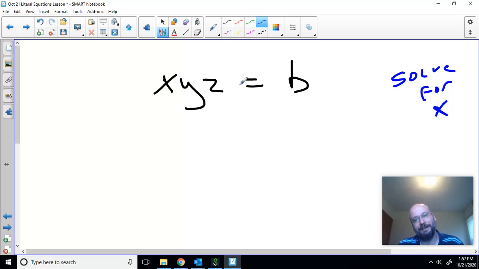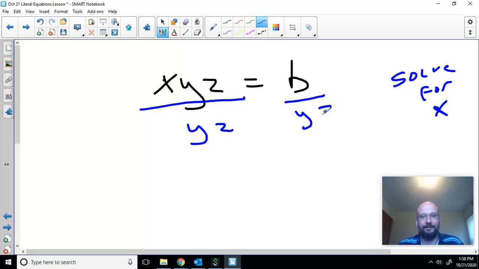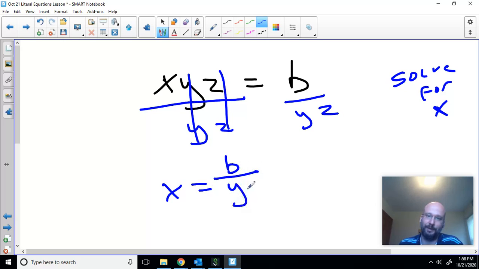This is all multiplication, so to move it over, I would just divide by whatever I don't want. I don't want the y and I don't want the z, so I'll divide by those. These cancel. I'm just left with x equals b over yz.